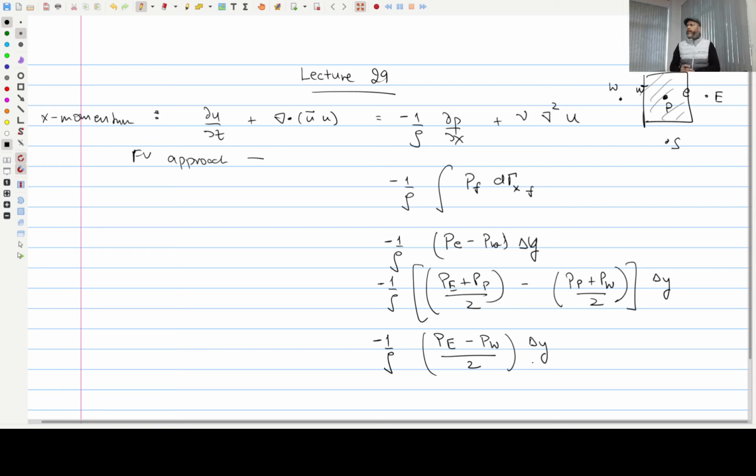Yes. And this P plus P by 2 leads to error because we are assuming pressure is linear. Well, that depends. The error could come if your grid was very coarse. Okay, so linear interpolation, you know that any function can be approximated with a linear curve if the region that you're considering is small.